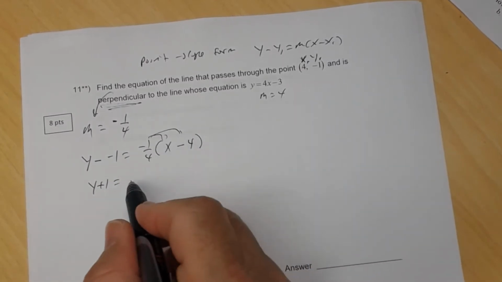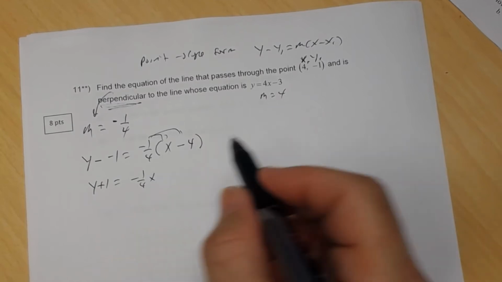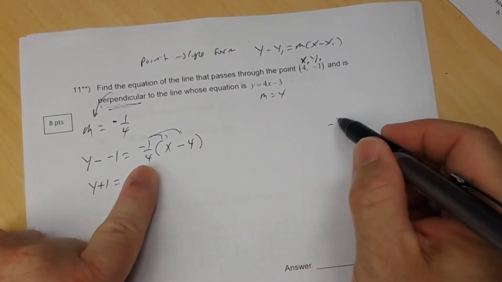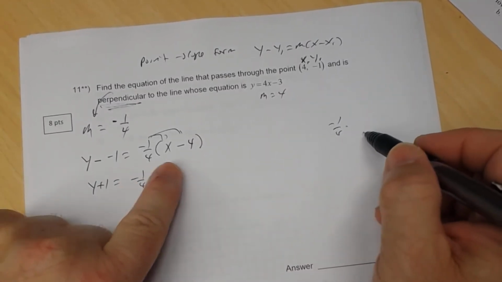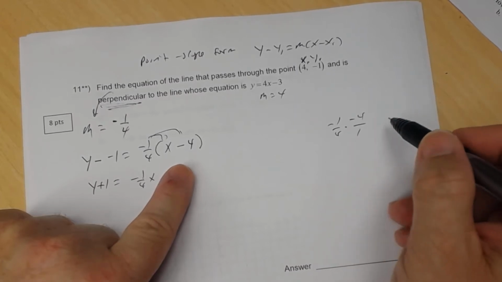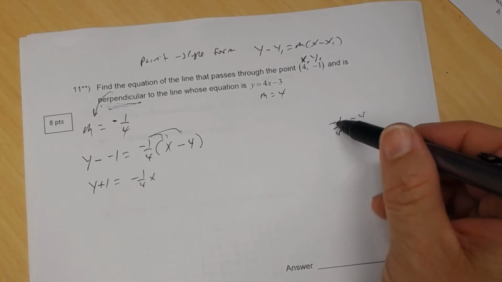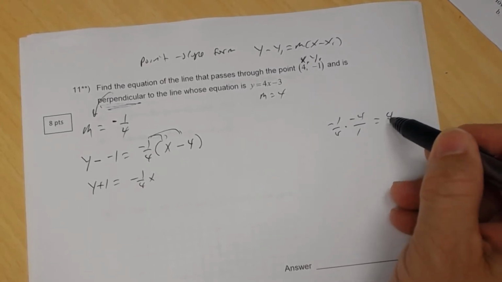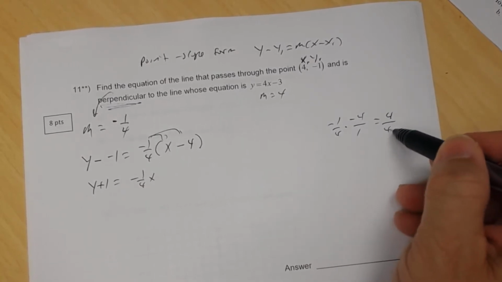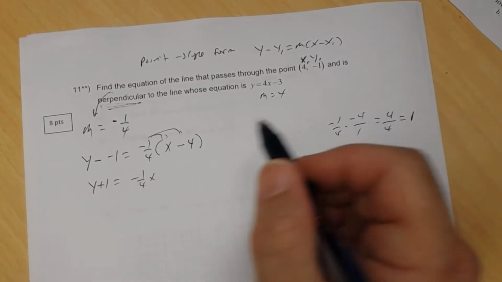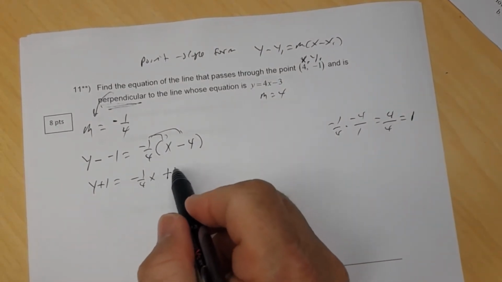Distributing, I get minus 1/4 x. Now notice a negative 1/4 times a negative 4: negative times a negative is a positive, 4 divided by 4 is 1. So that's just a positive 1 here.